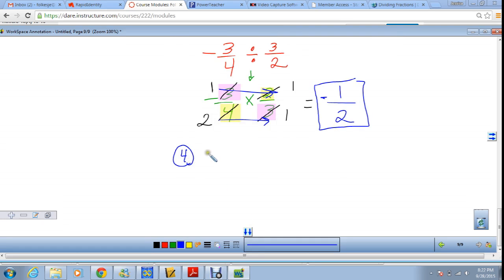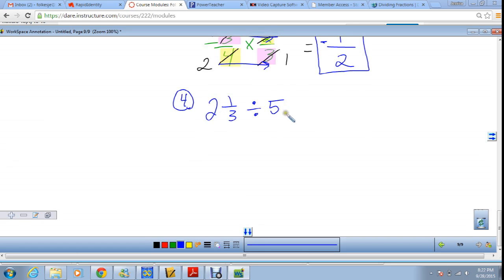Let's take a look at number 4. We've got 2 1/3 divided by 5. We have a mixed number and a whole number. First thing, before you do anything, change it to an improper fraction. Do your times plus: 3 times 2 is 6, plus 1 is 7/3. And put your 5 over 1.